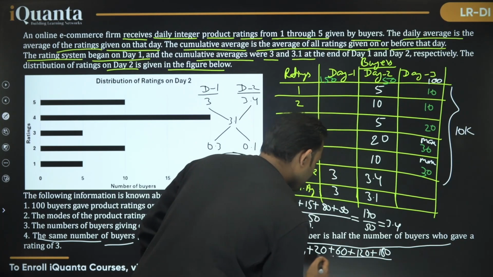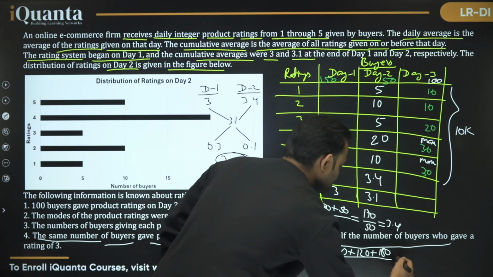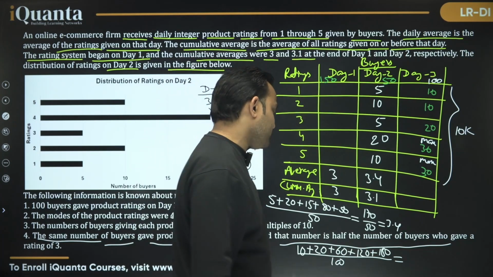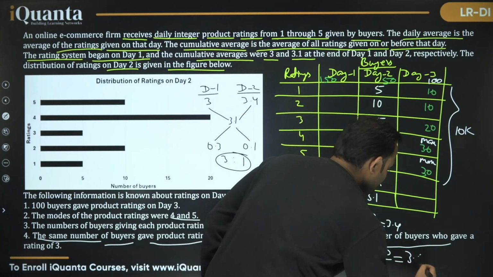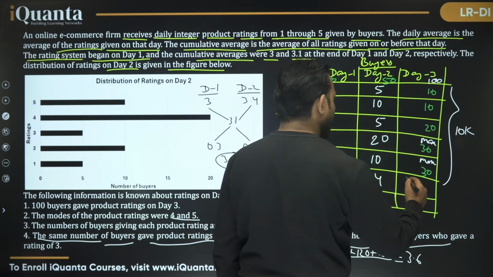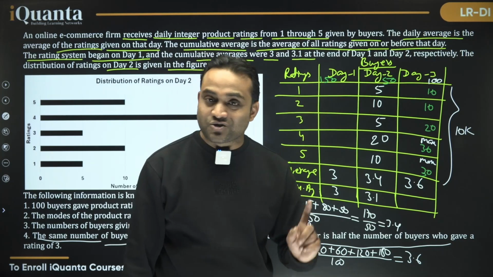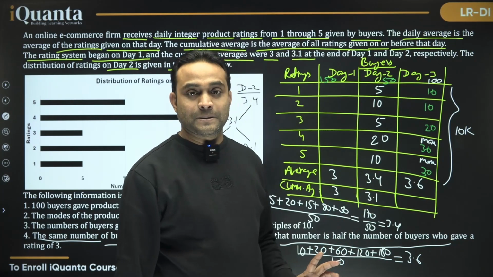And this will be divided by 100. So this is equal to 30 plus 60, 90, and 270, 360 upon 100. This is 3.6. So the average rating given by the buyers on day 3 is 3.6.